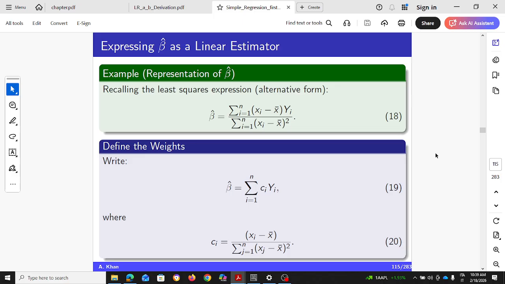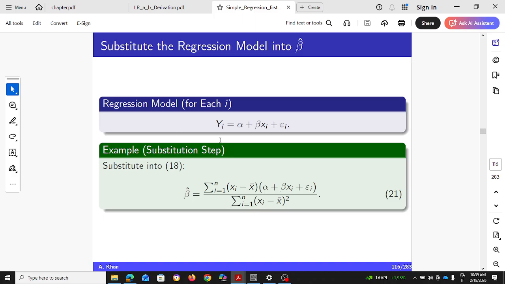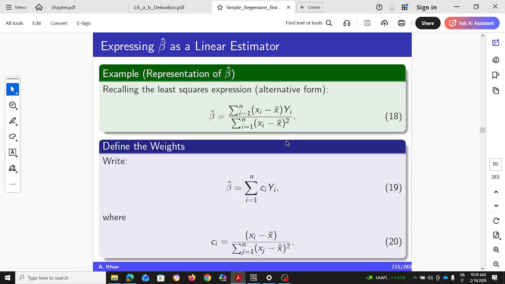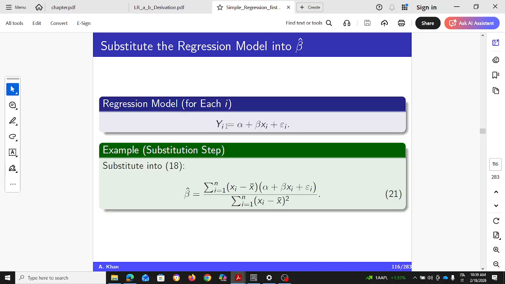Beta hat we derived yesterday, it was in this shape. Now take this value as a constant, call it ci, and we have yi. Yi is our model. Let's replace it here. In place of yi we put the equation of our model. It takes this shape.